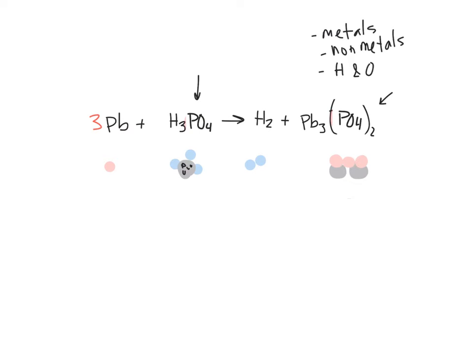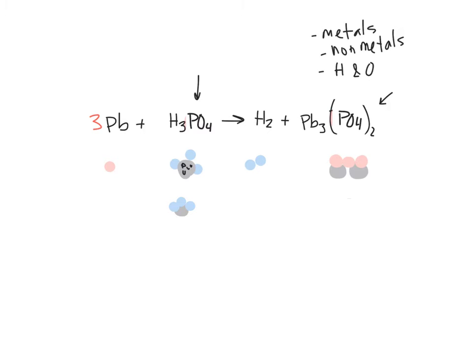In this way, you would solve these balancing problems the same as pretty much any other problem without the polyatomic ions. And that is by adding your molecules. So I see that I need another phosphate group over here, so I'm going to draw that. And whenever I see a phosphate, I'm going to get 3 hydrogen. So there's that. And now we have equal number of phosphates on the left-hand side and the right-hand side.